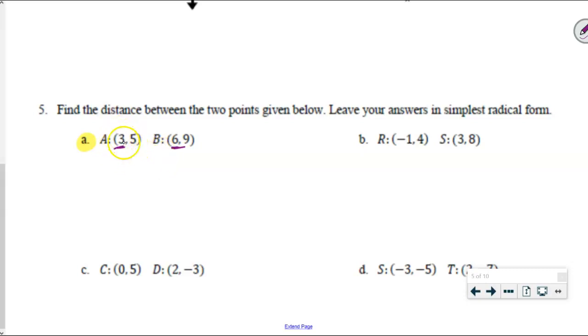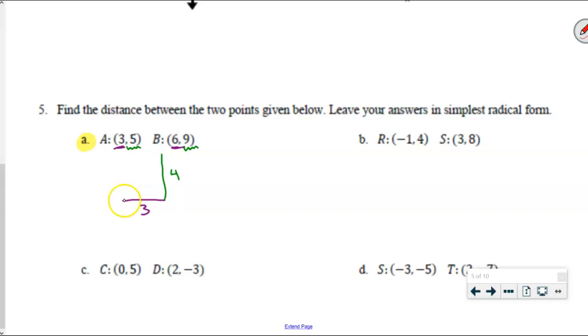So if I'm going from 3 to 6, what is that distance? That's going to be a distance of 3 or a leg of 3. Keep going. 5. Exactly. So again, that means that the leg of this one goes from 5 to 9. So how long is that one? 4.